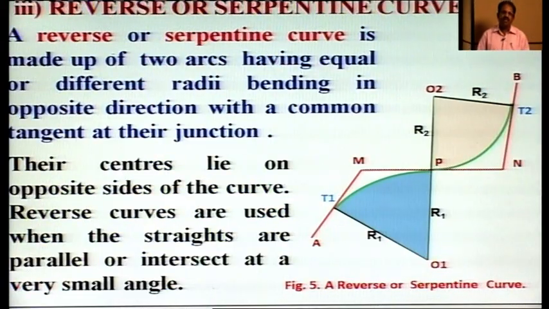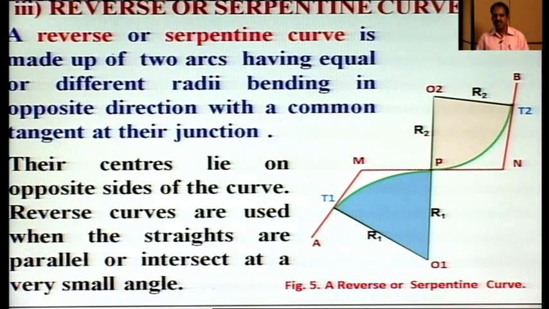So, the third one is the reverse or serpentine curve. We find such types of curves in our day to day life. You must have seen such types of curves. So, what is the definition of a serpentine curve or reverse curve? A reverse or serpentine curve is made up of two arcs, as shown on your screen. It has two arcs having equal or different radii bending in the opposite direction.